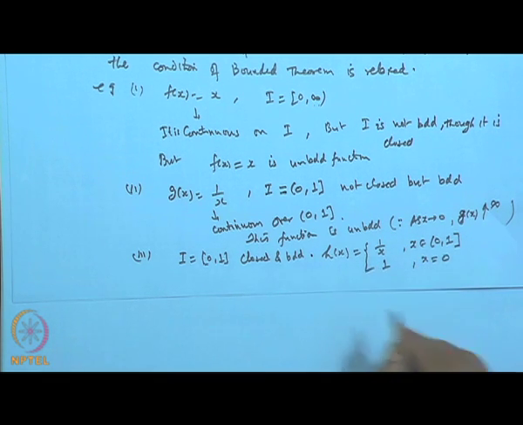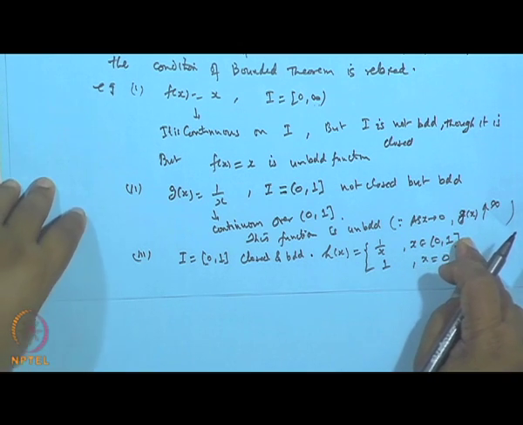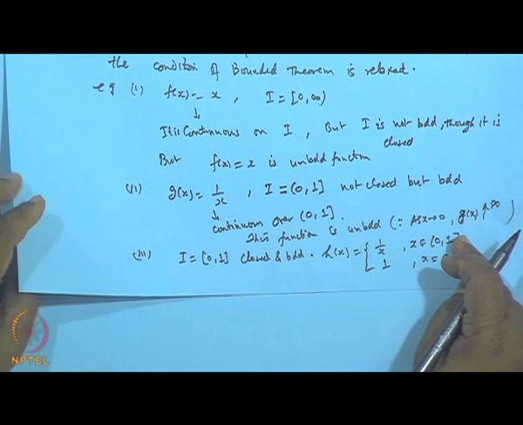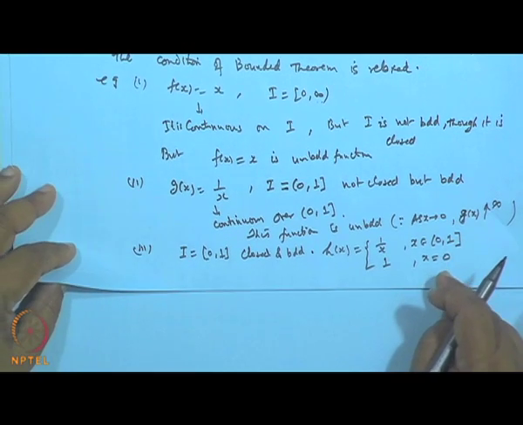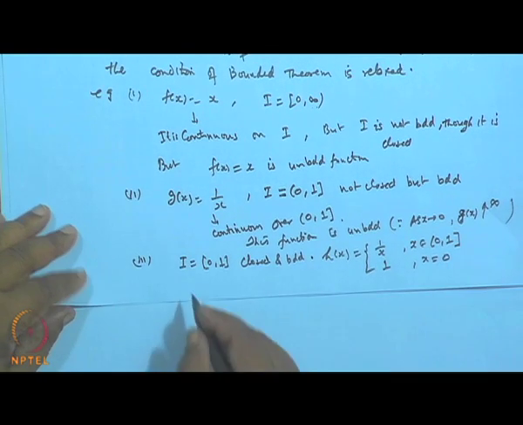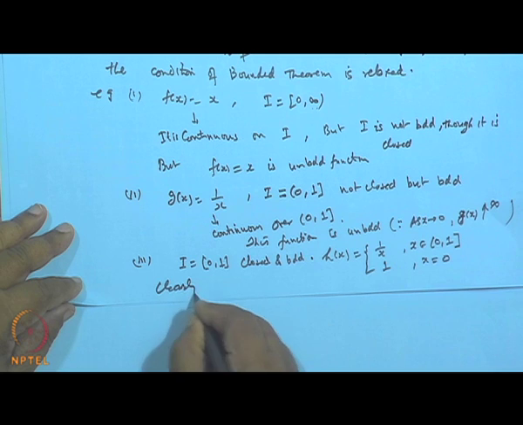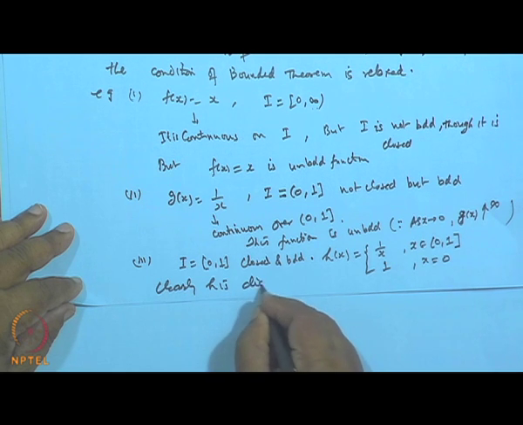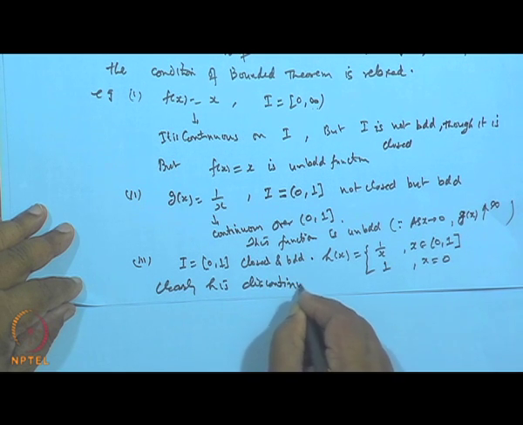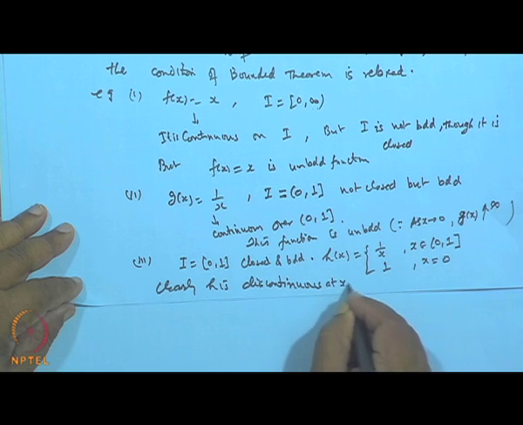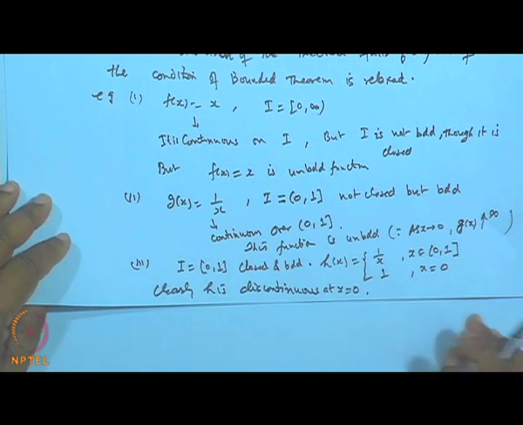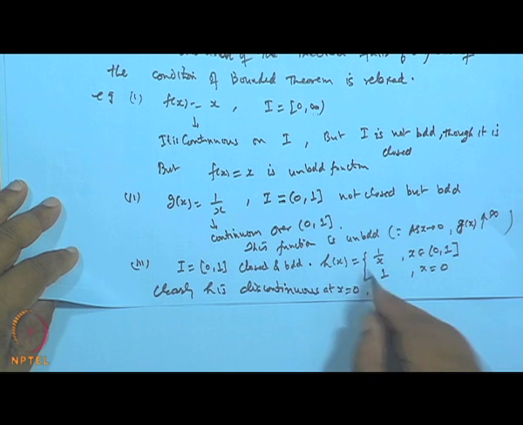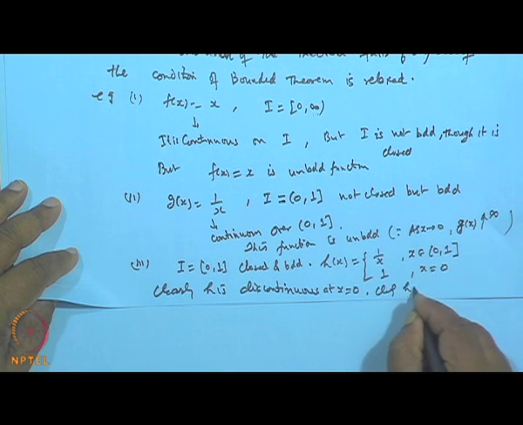I define this function. The function is continuous over (0, 1], but it is discontinuous at the point 0. Clearly, h is discontinuous at x equal to 0. So, again the conditions are not satisfied, and obviously h is unbounded.